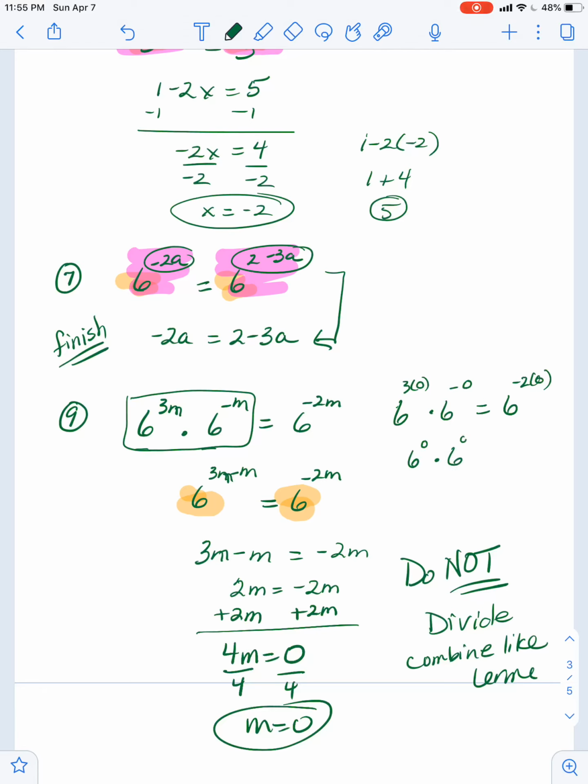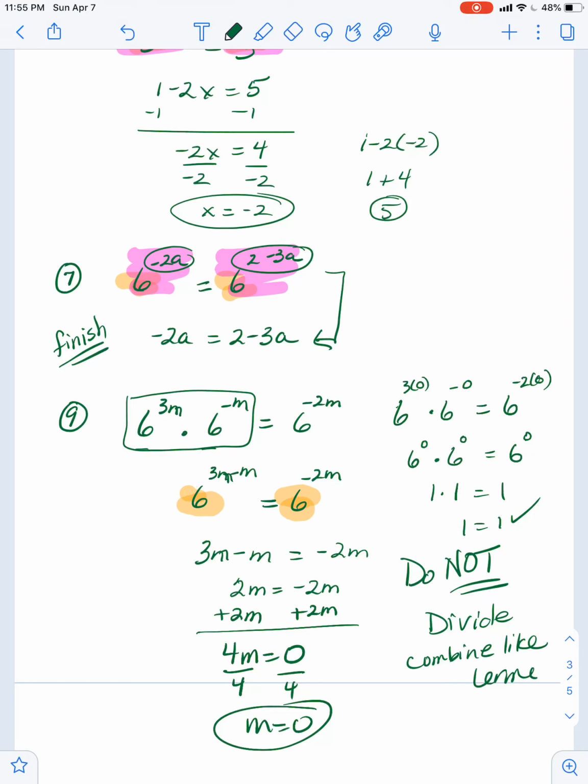And it doesn't matter whether it's negative, we don't have a negative 0. And then this would be 6 times a negative 2 times 0 would be 0. Well, anything to the 0 power is 1, and 1 times 1 is 1. It does check, okay? Guys, if you had tried to divide by 2 or negative 2, everything's going to cancel. You're going to end up with a no solution, okay?